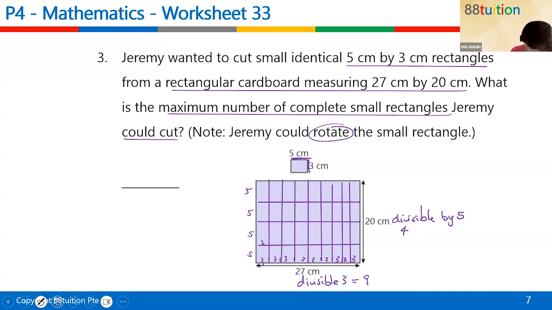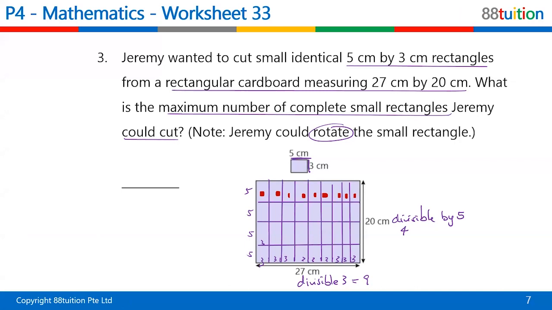So if you were to count, 1, 2, 3, 4, 5, 6, 7, 8, 9. Then 9 times 4, yes, correct, 36. So you times 4. 9 times 4 will give you 36.